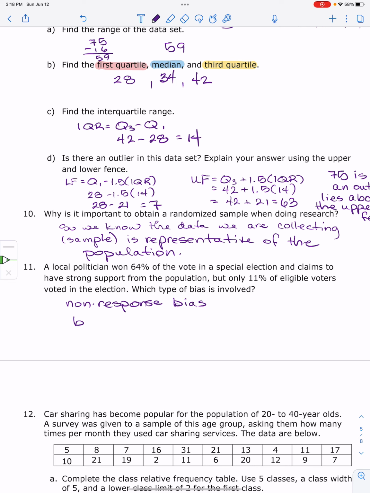Right? Because 89% of the eligible voters didn't even vote. And I'm going to say did not vote or respond, hence the non-response.